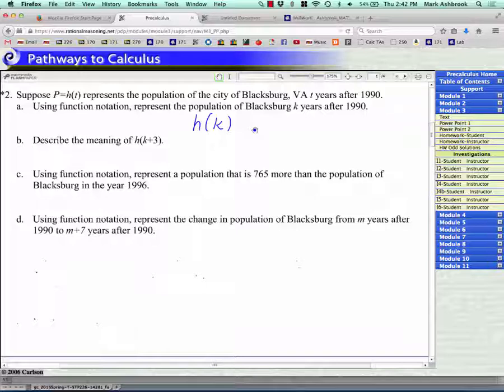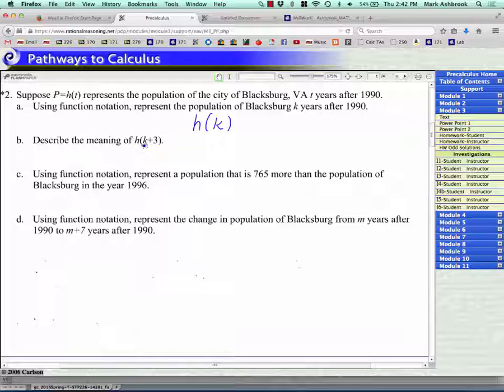All right, what's the meaning of h of k plus 3? Zach? It's just adding 3 more years after 1990. Okay, but you didn't tell me what h of k plus 3 is. It's the population after 1990, like 1993. So this is the population in 1993?